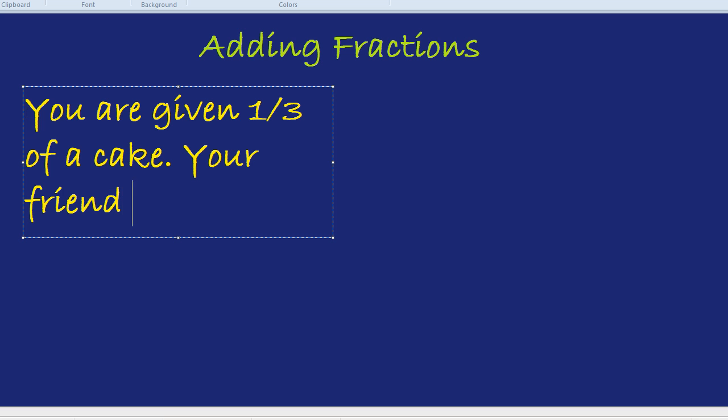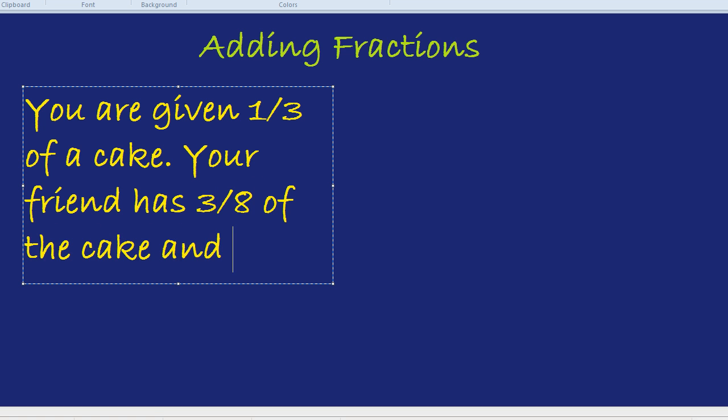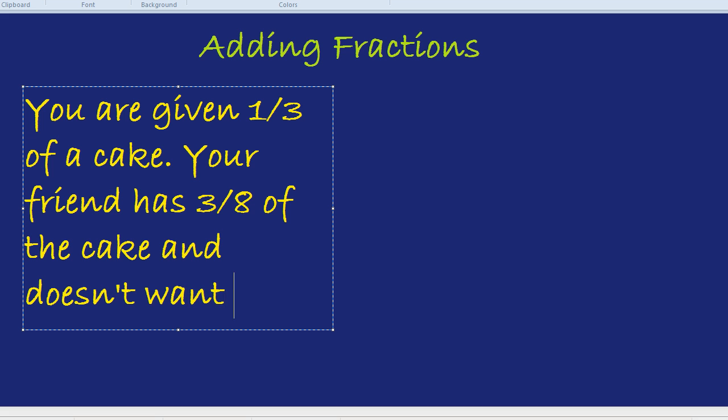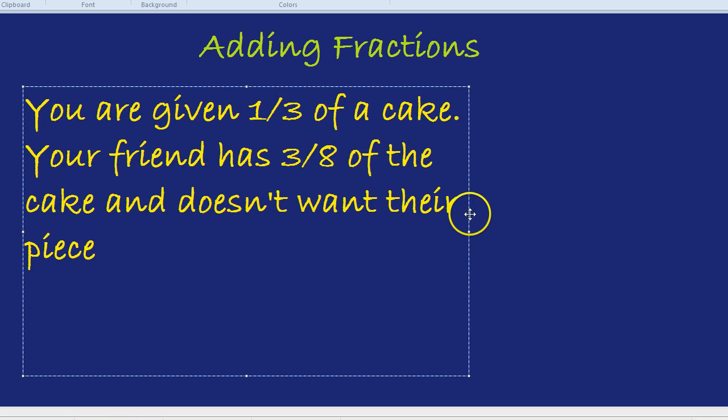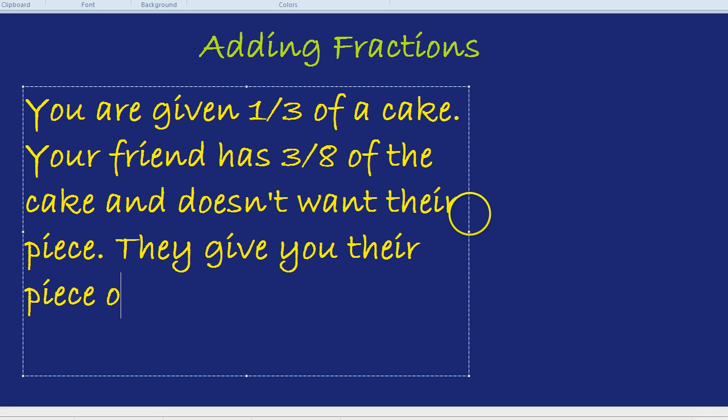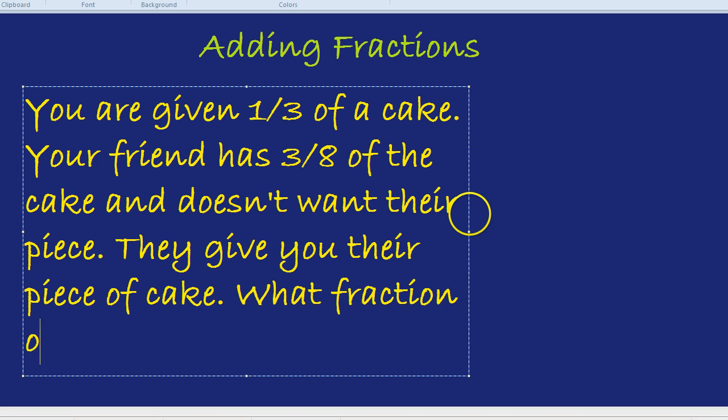Your friend has, let's say, 3/8 of the cake and doesn't want their piece. They give you their piece of cake. What fraction of the whole cake do you have?